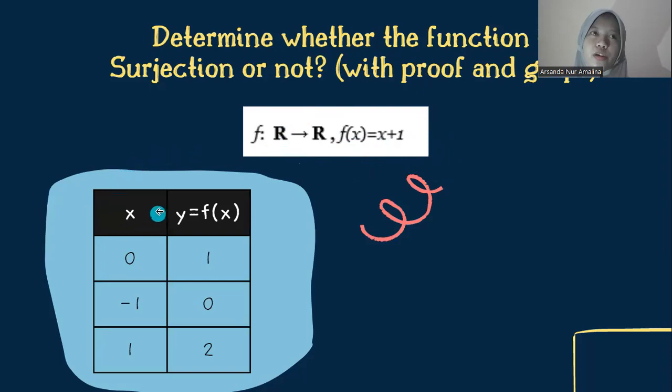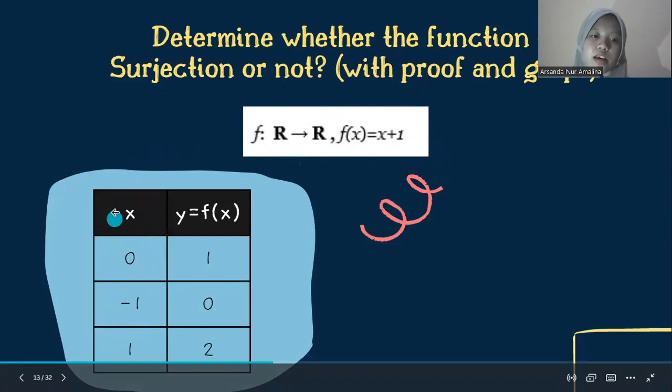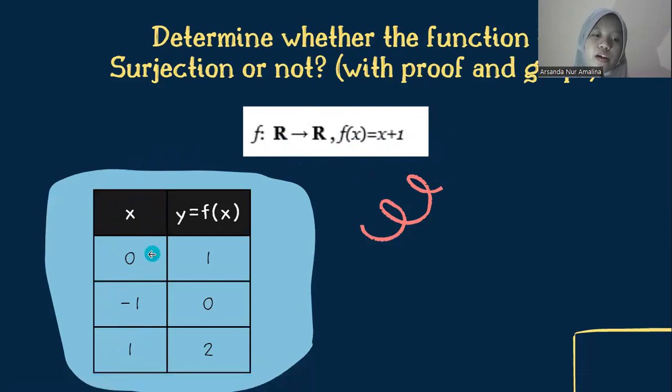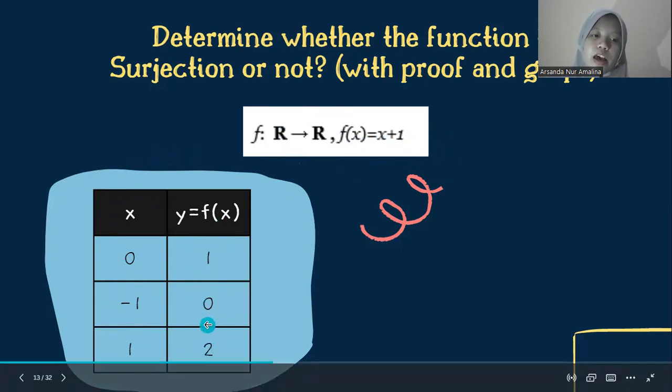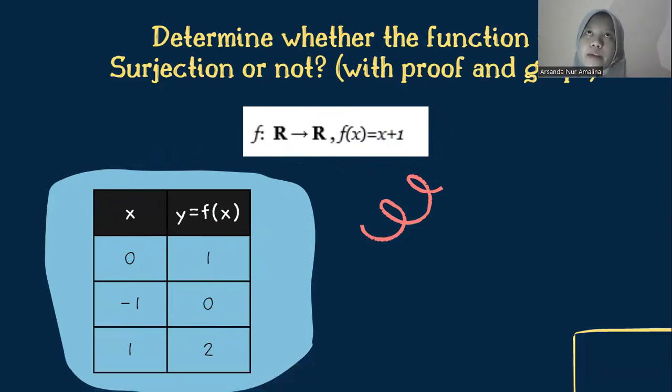We choose any random values of x and substitute them into f of x equal to x plus 1. So we get this, and we get the ordered pairs of x and y, place them in the Cartesian diagram, and connect them, so we can get a line.